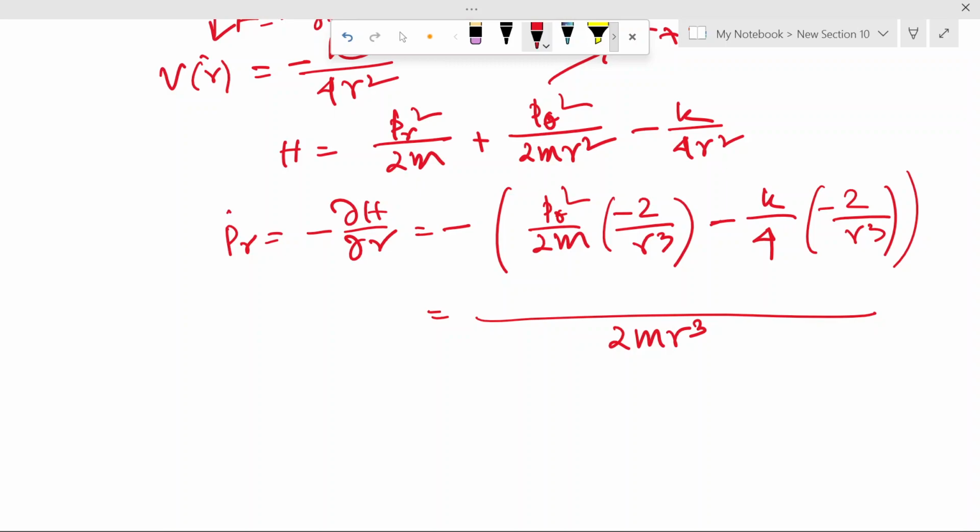You get 2p theta square minus k into m. So this is the answer. Is it in the options? Yes, it is in option B. So this is your answer. So option A, I guess.